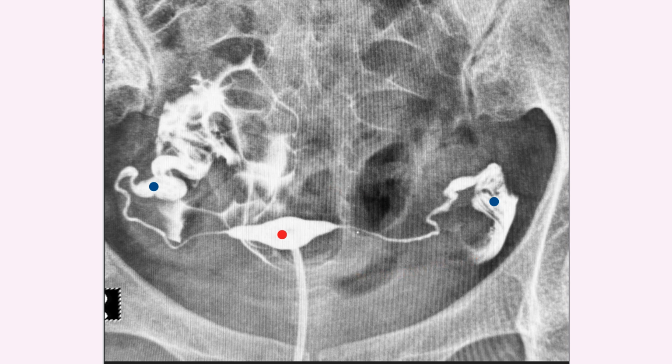So as you can see, in this particular case, in both the fallopian tubes, the dye has been pushed outside into the peritoneal cavity.